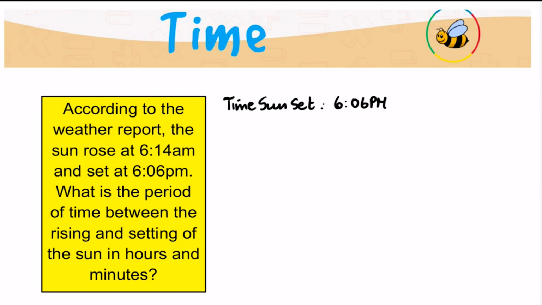This is after 1 p.m. So to create the 24-hour clock, we put here 24-hour clock. On the 24-hour clock, it means that 6:06 p.m. will be 6 plus 12. It will be 18 hours and 6 minutes.